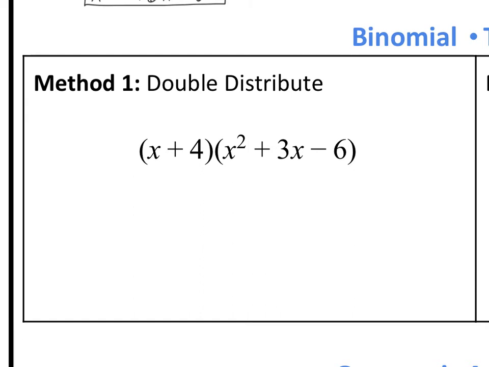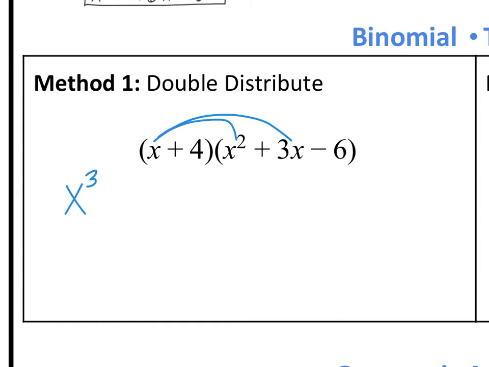So first up, when you have a binomial times a trinomial, you can distribute. So first we distribute the x. X times x to the second. Ben, what's that? Yep. Okay, and then I do x times 3x.